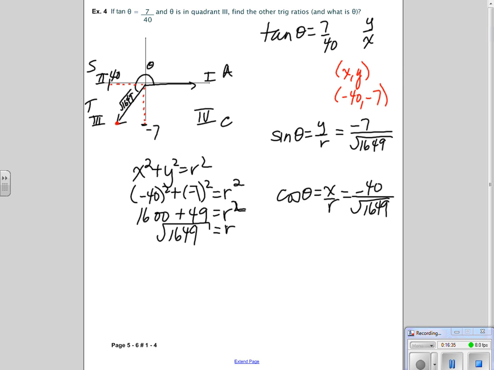These three trig ratios can tell us what theta is, and I only need to use one. I am going to choose, what do I feel like today? Let's use the cos.